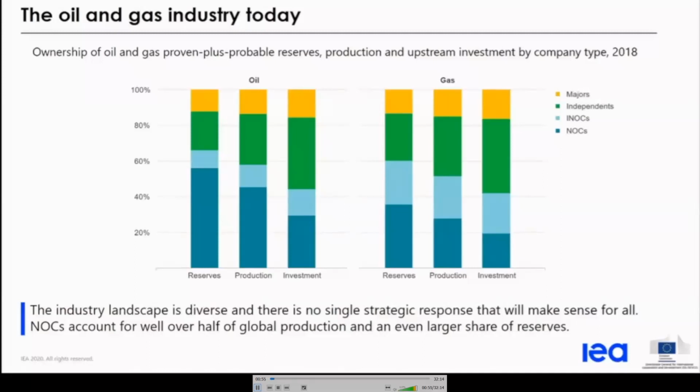This is broken apart by the industry landscape for oil and gas, and it's typically characterized into the majors, producers like Shell, Total, Eni, BP, ExxonMobil, and others; independents, companies like Tullow and the North American shale independents, including Oxy and EOG; and also national oil companies that are split between both independent NOCs and NOCs that are more closely tied to the states.